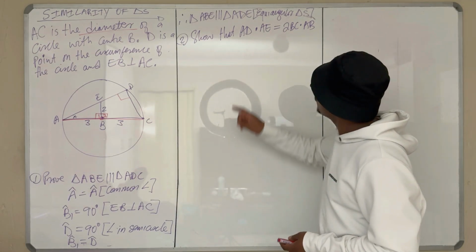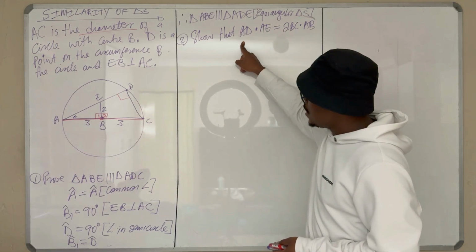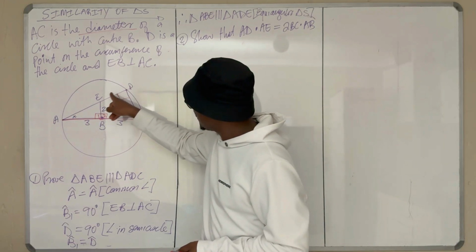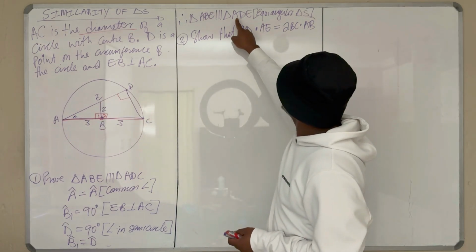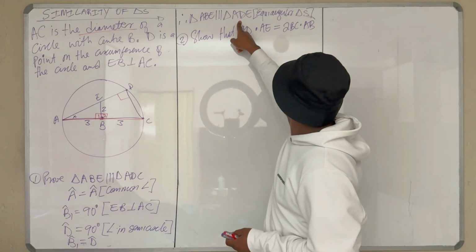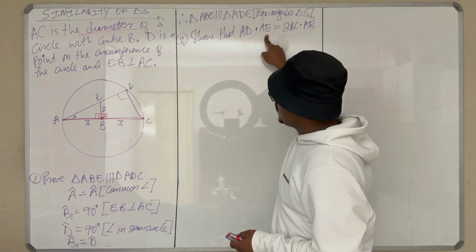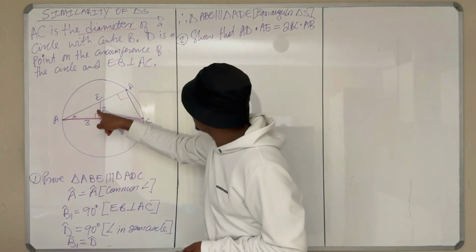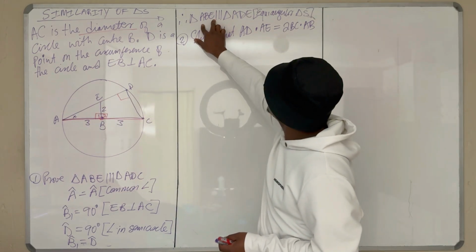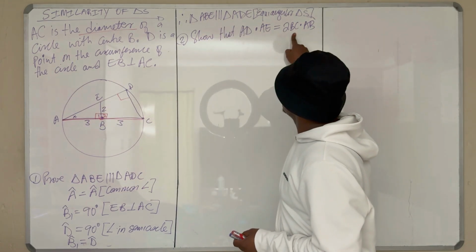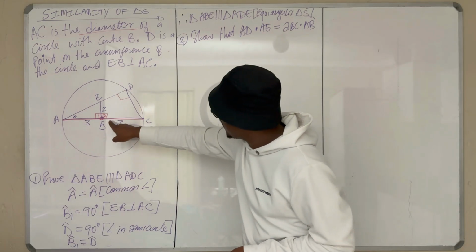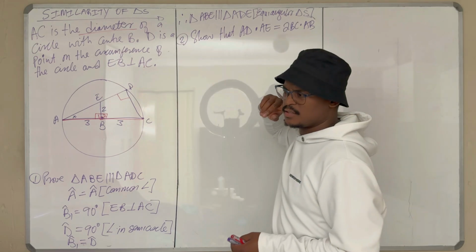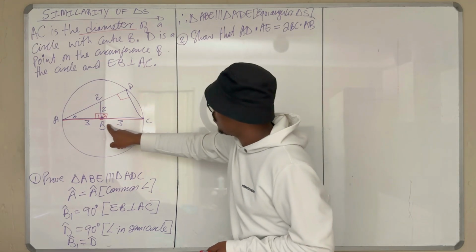How do we go about this? What is AD? AD is here, this side over here. AE is that side over there, on the smaller triangle. And 2BC is this part over here, but it's not in any of those triangles, because it's a portion of AC.